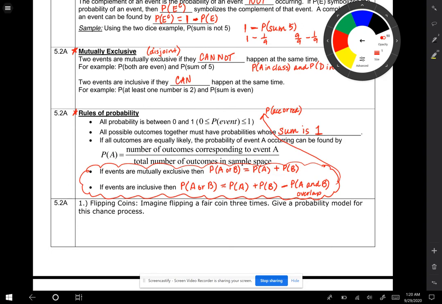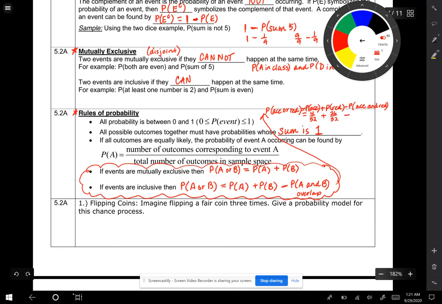To find the probability that a card is an ace or red, you would do the probability that it's an ace plus the probability it's red, minus the overlap, since the ace that is red is still one card and you have to subtract it. The probability that a card is an ace is 4 out of 52. Half the cards are red, so 26 out of 52.